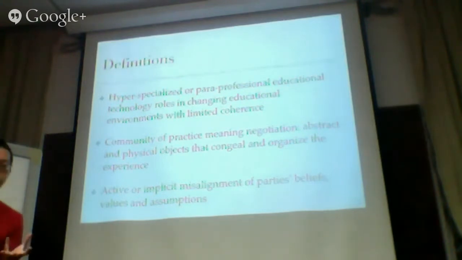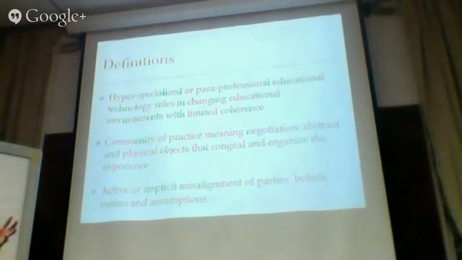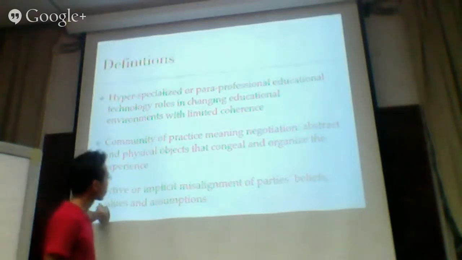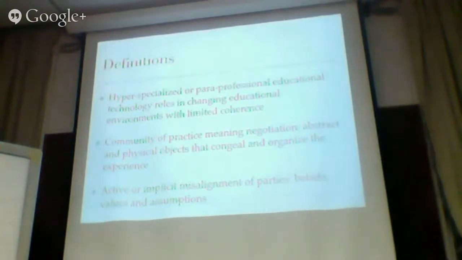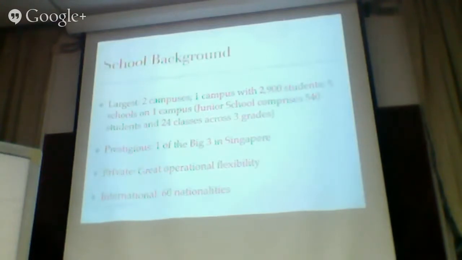So that's actually what the ecology looks like. It looks like this, and then it looks like that. But what we're looking at is the reification. Conflict. Misalignment of beliefs, values, and assumptions. Okay.